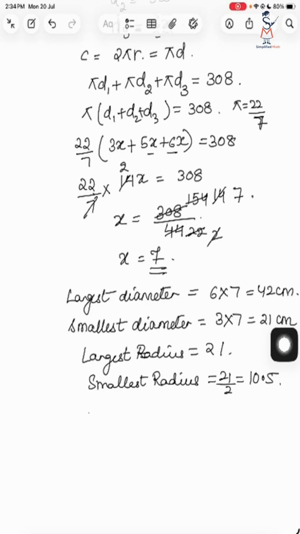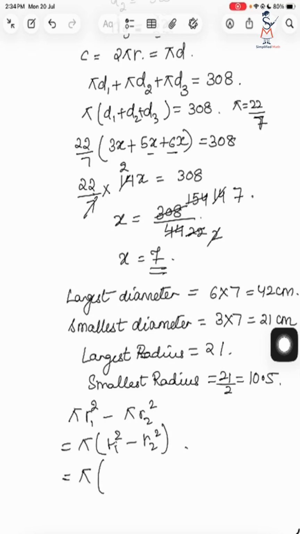Now we will put the formula pi r squared: pi r1 squared minus pi r2 squared. We have to find this. So pi will be taken as common, r1 squared minus r2 squared. Instead of r1 we can write 21 squared because it is the bigger one, minus 10.5 squared.